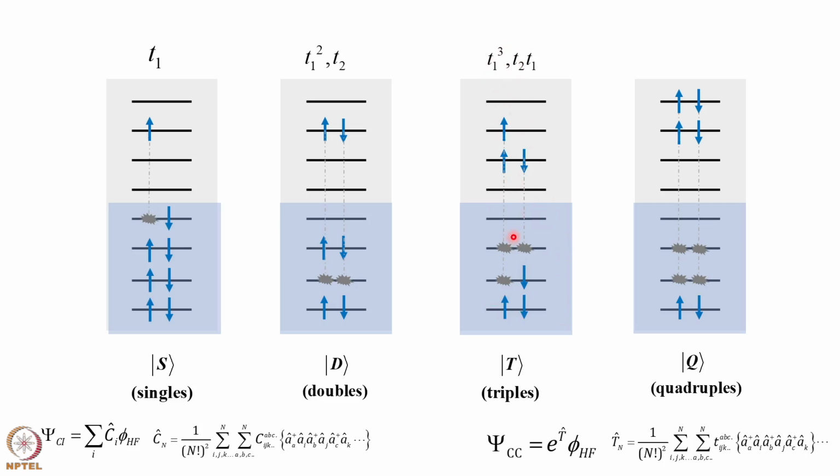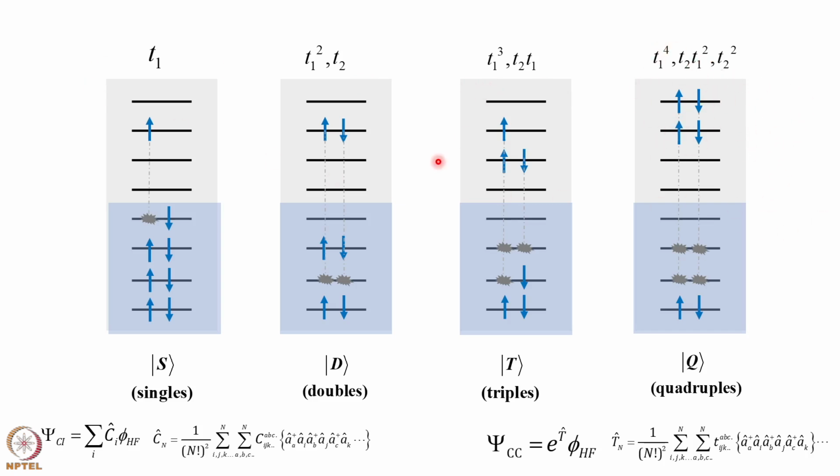Capital T is the operator, small t is the amplitude. So, I can first operate T2 and then T1, and it will give me a triply excited configuration. Similarly, for quadruples, I can operate T1 4 times, or T2 once and then T1 2 times, or I can operate the T2 operator twice. So, that will give me the quadruply excited configuration.